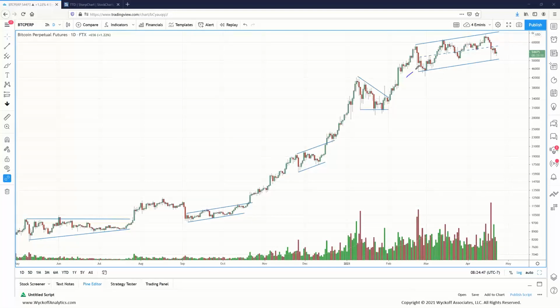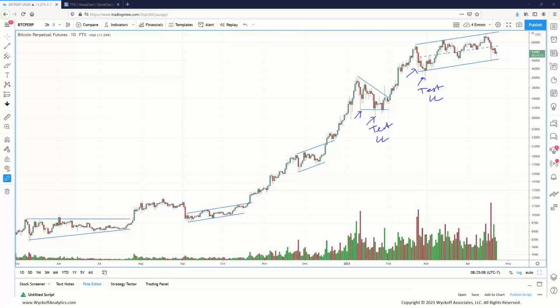And right now we're in the phase where there's the initial sell-off, then a bit of a recovery, and then another test that comes into play. It doesn't look to me like that second test has happened yet.